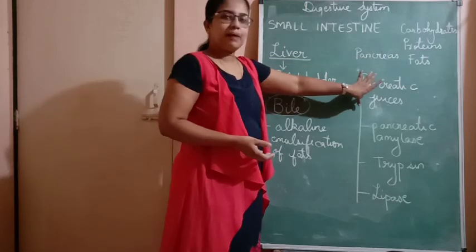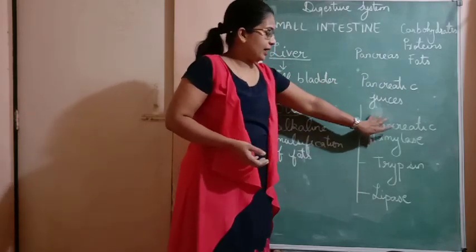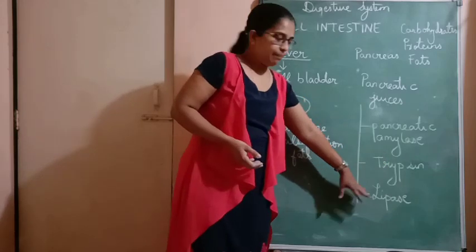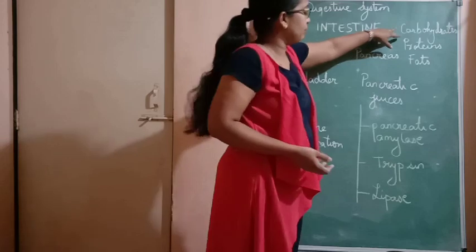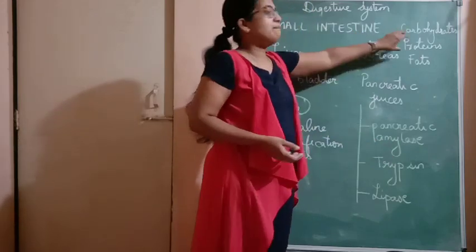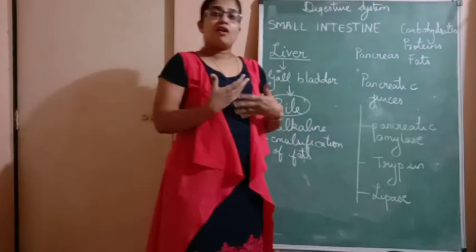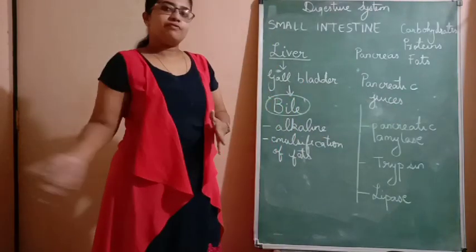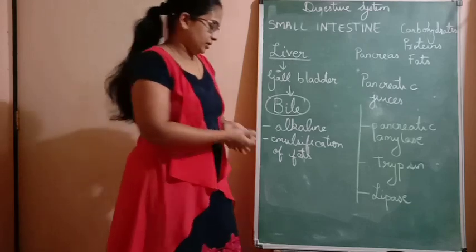The pancreas releases pancreatic juice, which is again of three types: pancreatic amylase, trypsin and lipase. Amylase helps in breakdown of carbohydrates into simpler sugars. Trypsin breaks down proteins, whereas lipase helps in the breakdown of fats into fatty acids and glycerol which can be easily absorbed by the body.